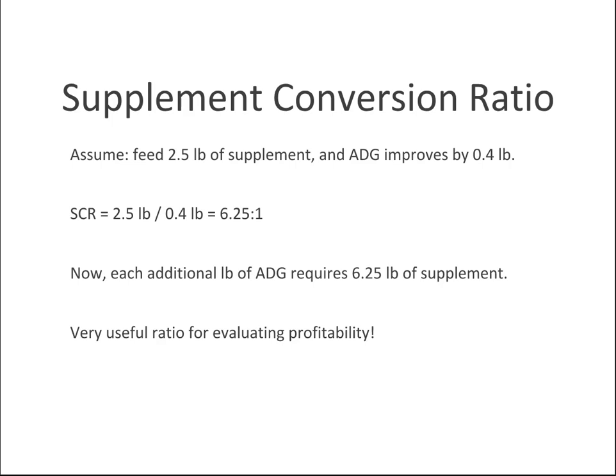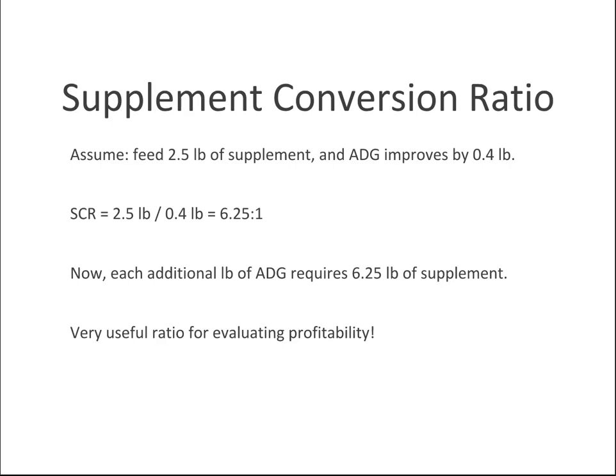That's all the information that you need to calculate supplement conversion ratio. In this case, the supplement conversion ratio is 2.5 pounds of supplement divided by 0.4 pounds of additional gain. So it is 6.25 to 1. We expect that each pound of additional gain would require 6.25 pounds of supplement in this scenario.